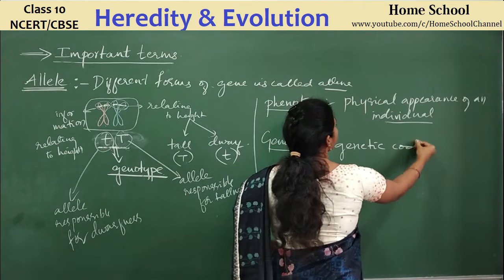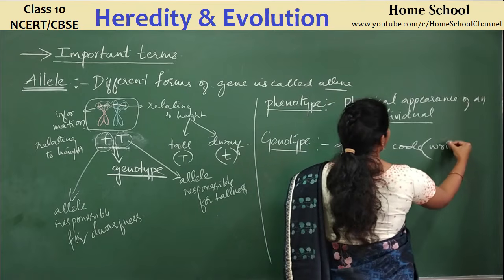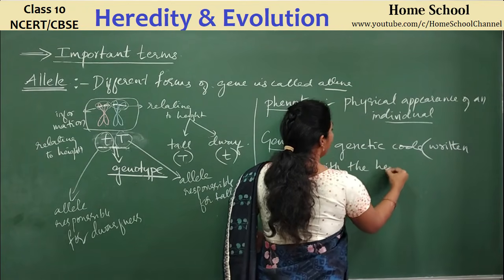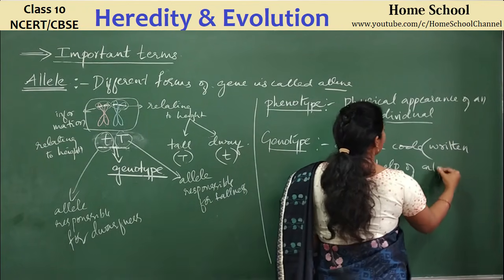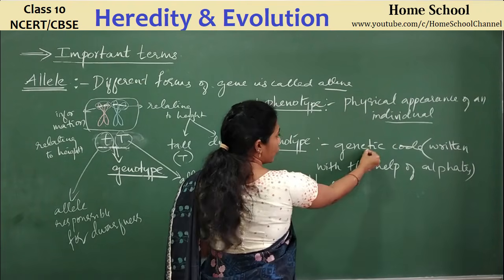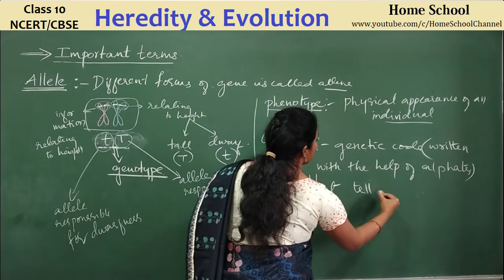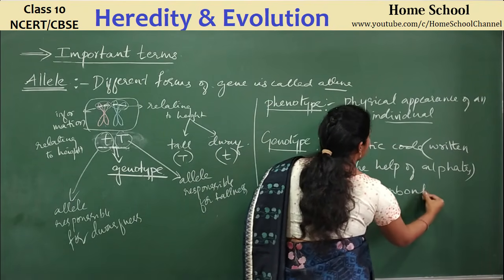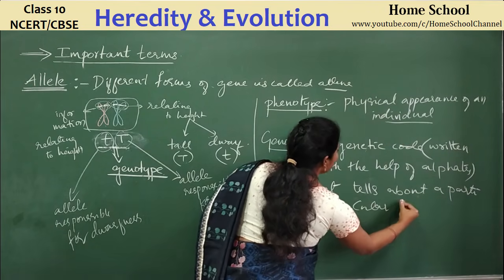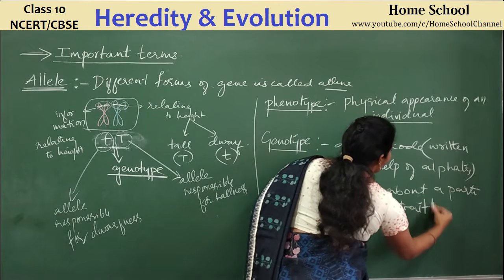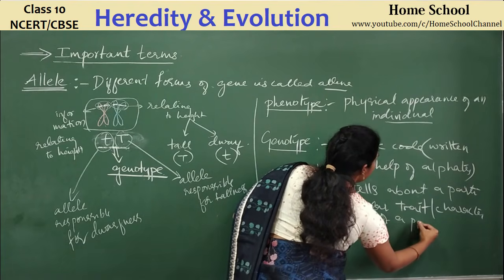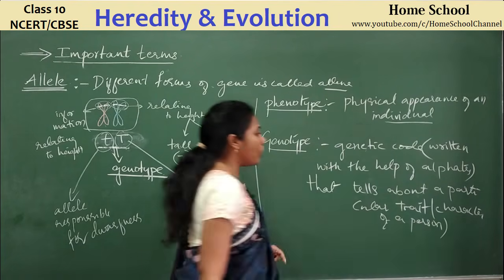Genetic code is written with the help of alphabets. This genetic code tells about a particular trait or character of a person.